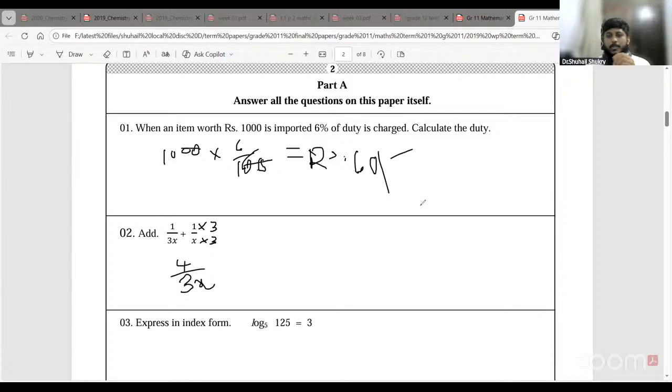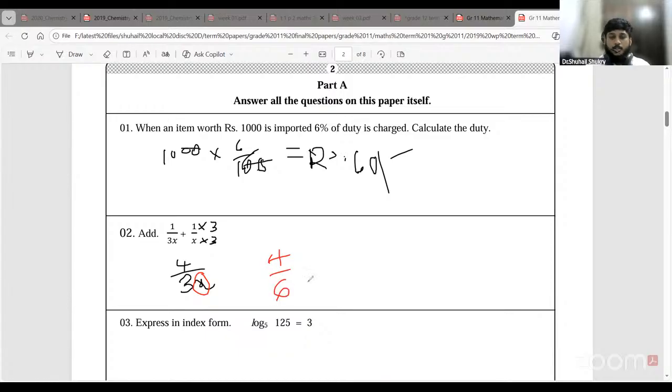But on an algebraic fraction, you can't say whether this is a proper fraction or improper fraction without knowing the value of x. Just imagine if x is equal to 2, then 3 into 2 is 6, so you get 4 over 6.